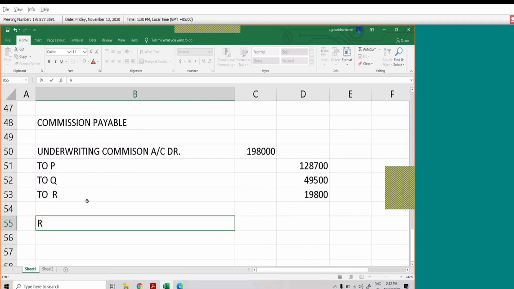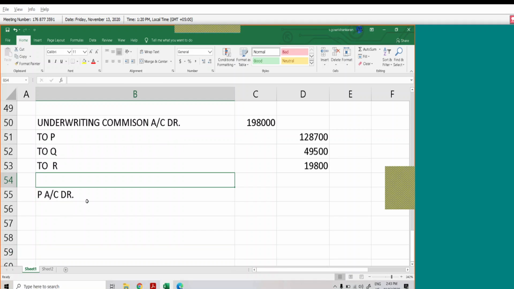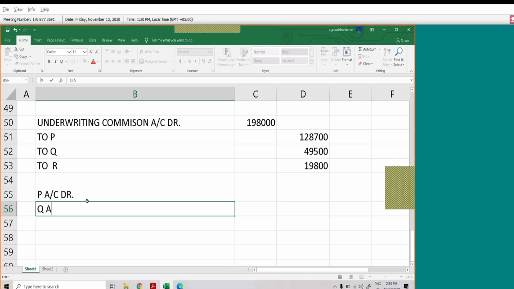I am paying to P. P account debit, Q account debit, to bank.